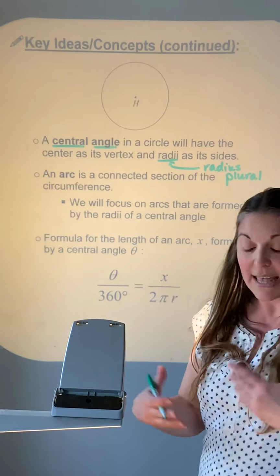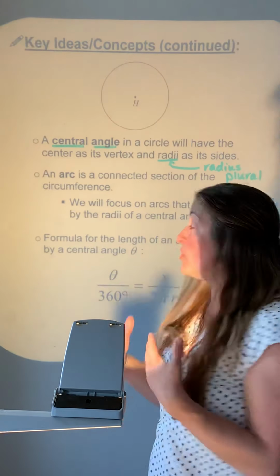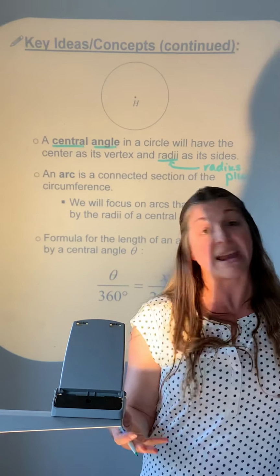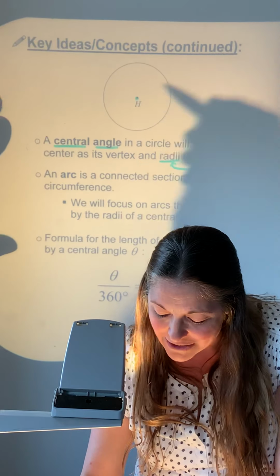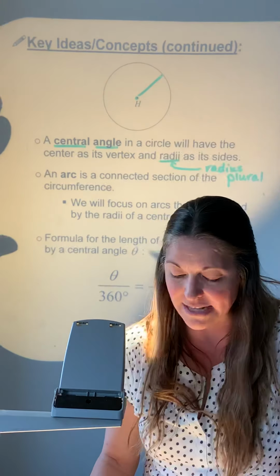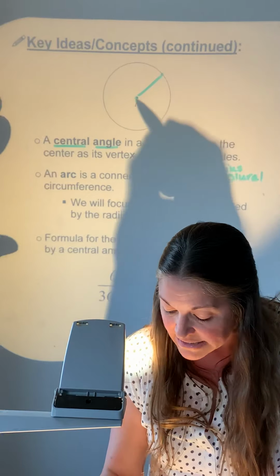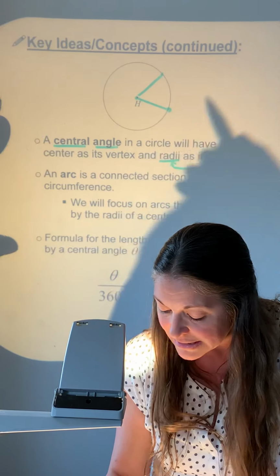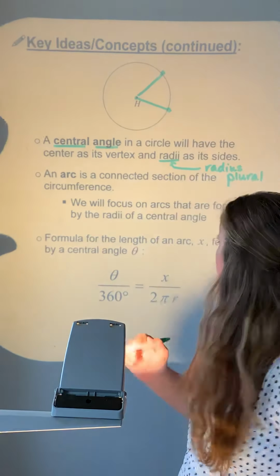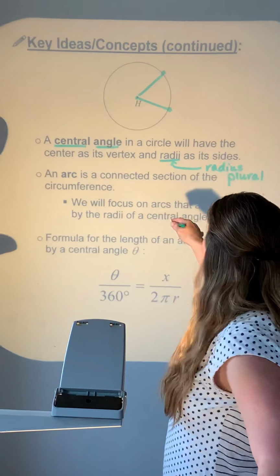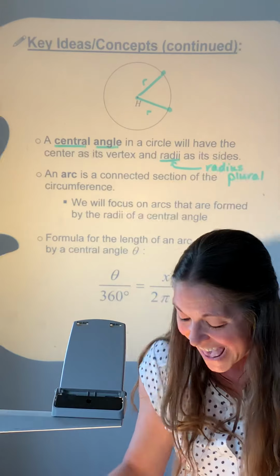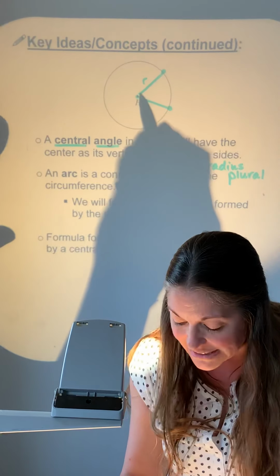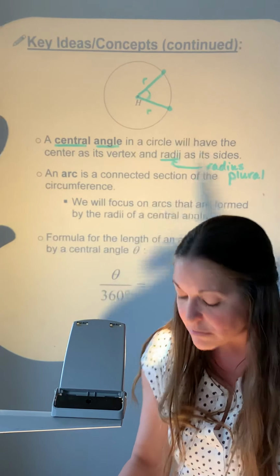So basically an angle has two sides, so therefore I need two radii drawn. So from the center, let's say I go center out. That's one radius. Center out, that's a second radius. So those would be my sides of the angle, which are both radiuses, radii. And then the central angle itself is then just that little area right inside there.